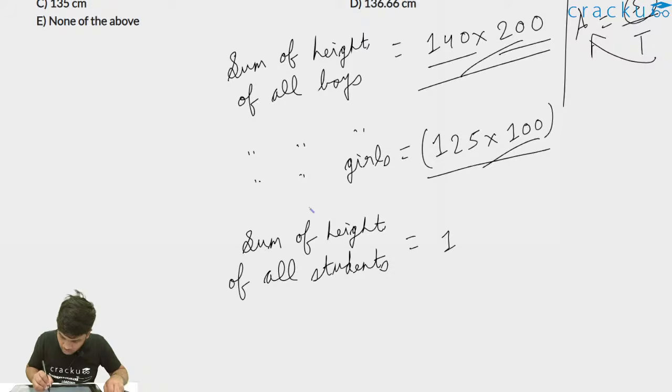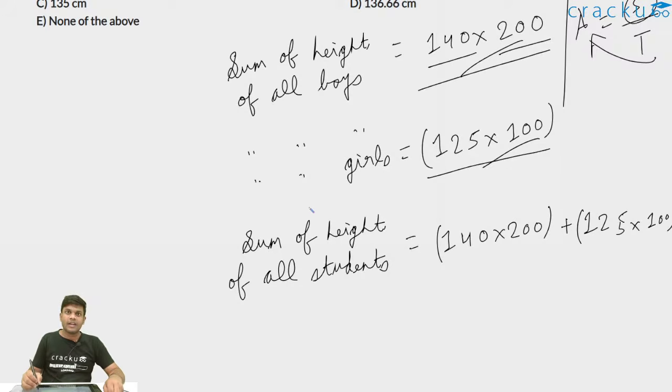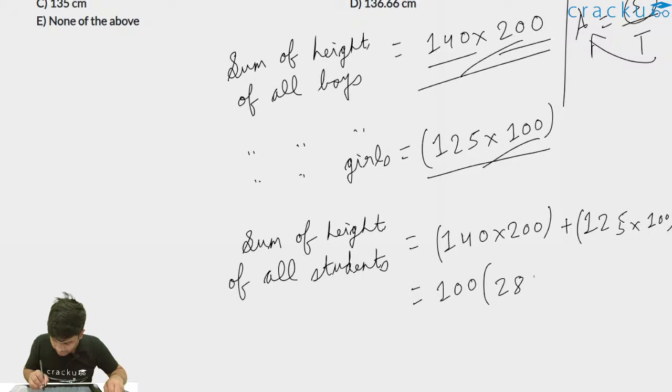So when you do it, you will get 140 into 200 plus 125 into 100. So we can take 100 common, and you will get 140 into 2, which is equal to 280, plus 125.